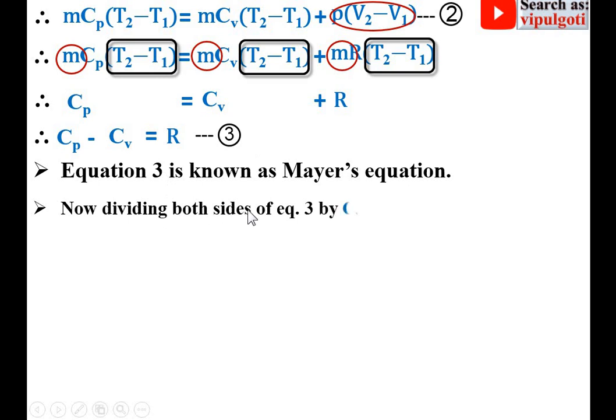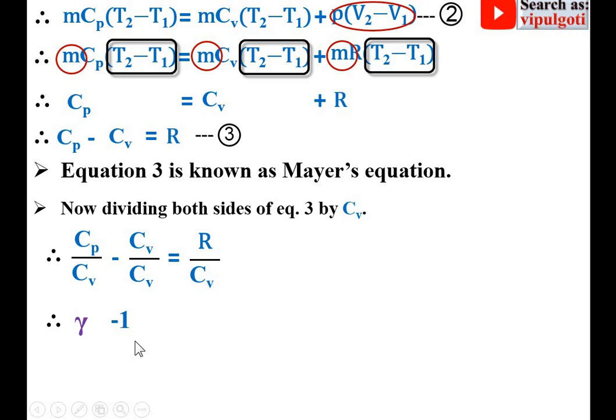Now, dividing both sides of equation number 3 by Cv, I get Cp by Cv minus Cv by Cv is equal to R by Cv. You know that Cp by Cv is equal to gamma, the adiabatic index, so gamma minus 1 is equal to R by Cv. From this equation, Cv is equal to R upon gamma minus 1.